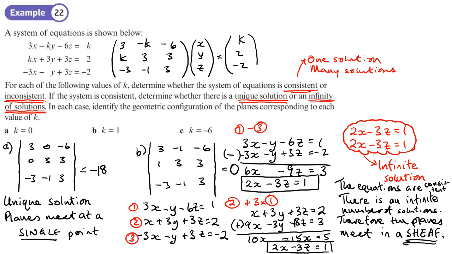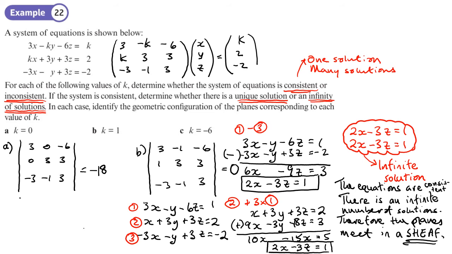Right, let's have a go at the last one now. So in this last one, k is going to be -6. So let's just reuse this one here for c. So if k is -6, we end up with 3, -6, -6, -6, 3, 3, -3, -1, 3.